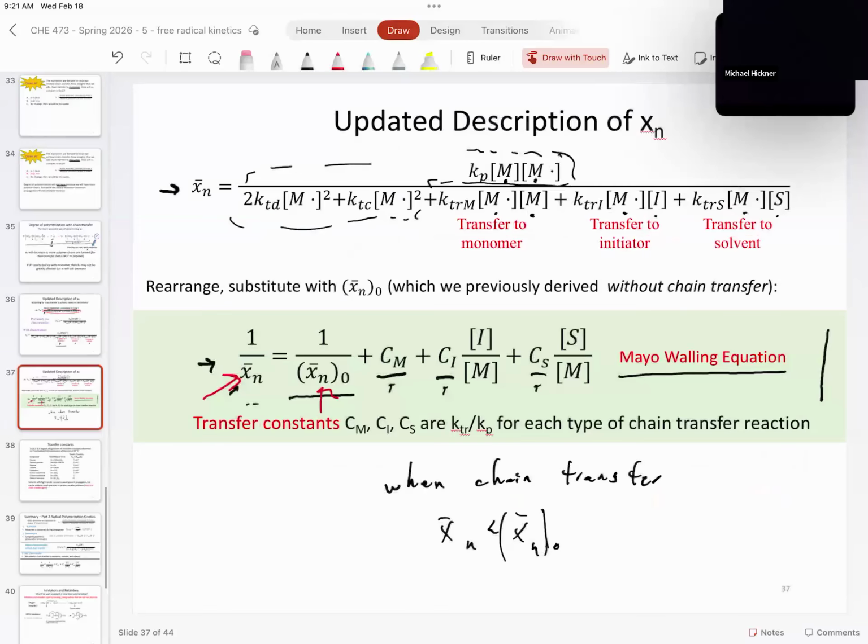So if you look at the Mayo-Walling equation, there's all these transfer constants, right? And so we know the transfer constants, this Cm, Ci, and Cs, those are taken from the ratio of these transfer constants. So you want to look in the first problem, you want to look back and get an idea of how those transfer constants are formulated.